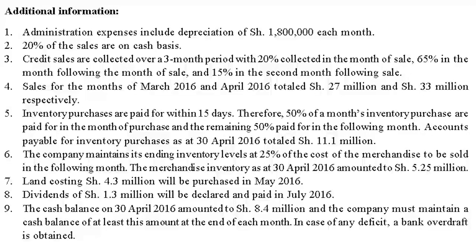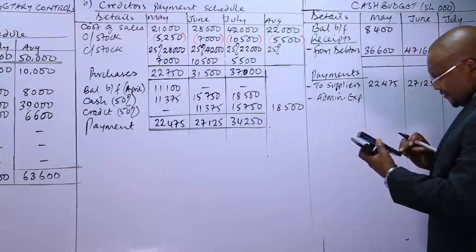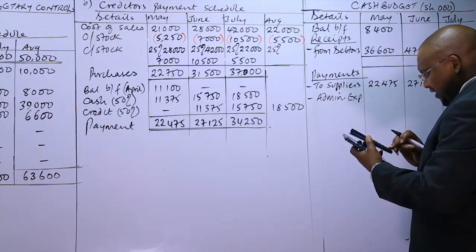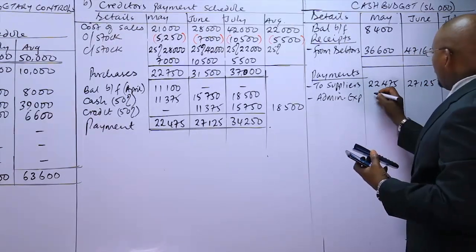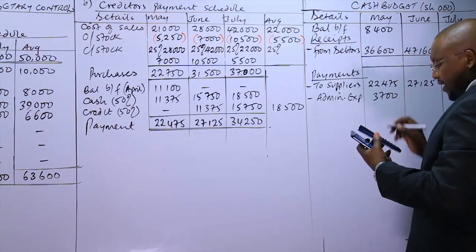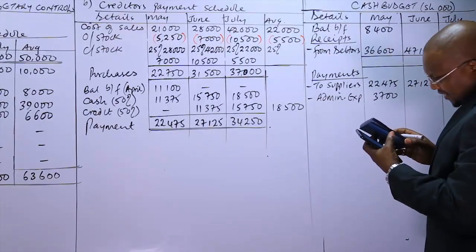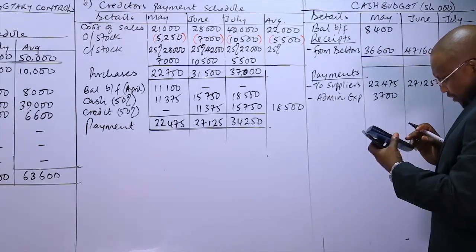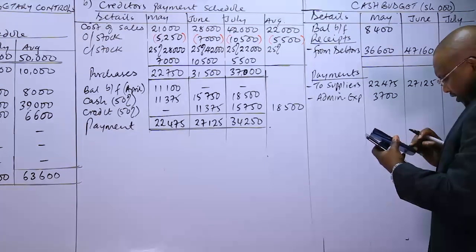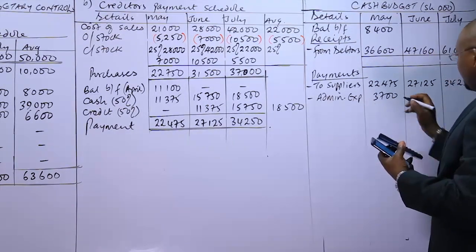As much as we are given the administration expenses of 5,500,000, we are going to subtract the 1,800. So we take the 5,500, we subtract 1,800, we remain with administration of 3,700. If we take the administration of 5,900, we subtract 1,800, this is going to give us 4,100.